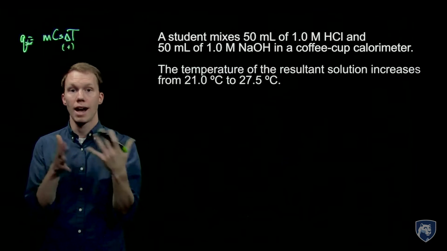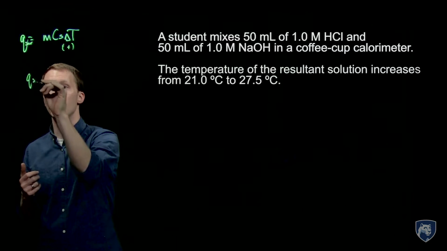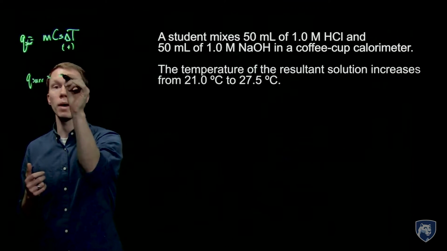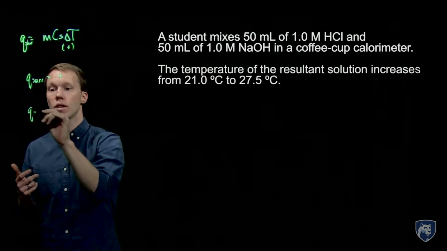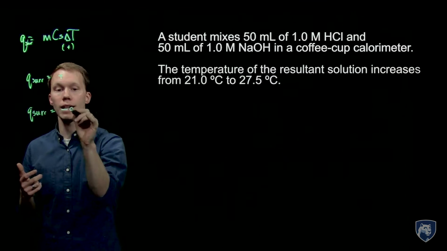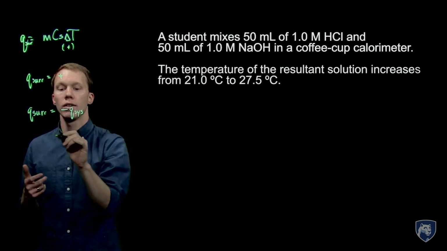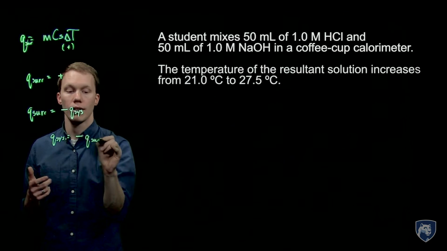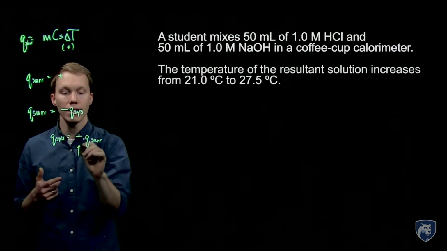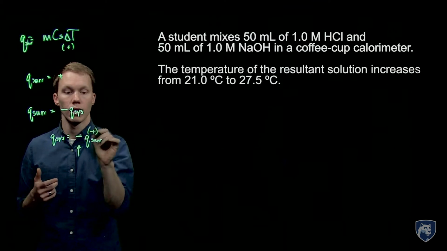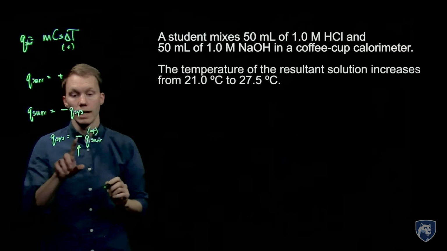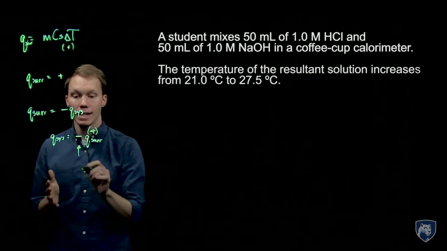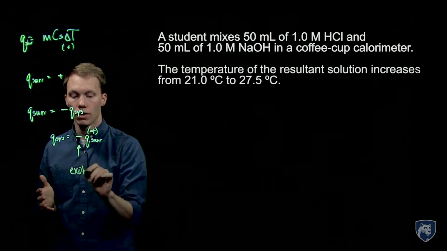The final temperature will be higher than my initial temperature. So Q surroundings will be positive, and since Q surroundings equals minus Q of the system, the Q system will equal negative Q surroundings. So we'll have a negative sign in front of my number, indicating that the reaction is exothermic.